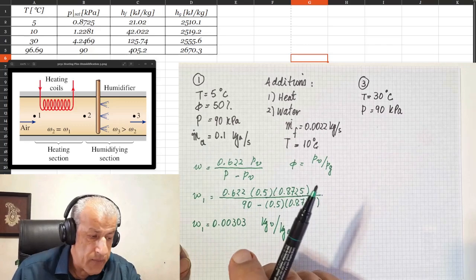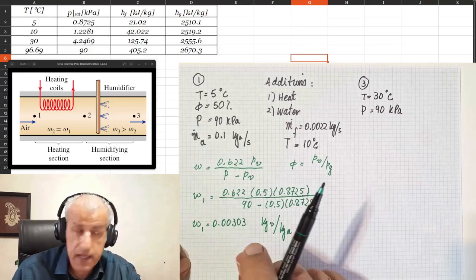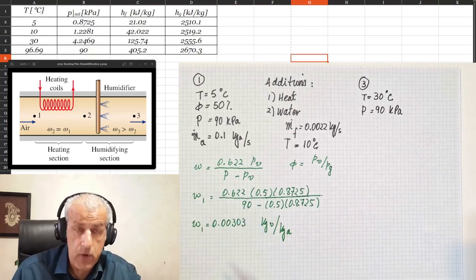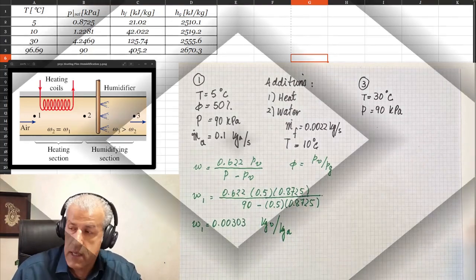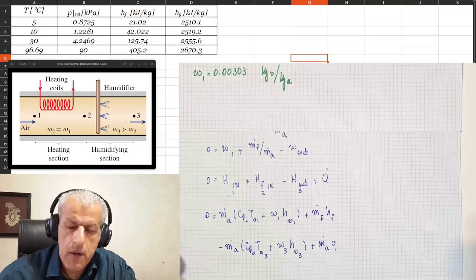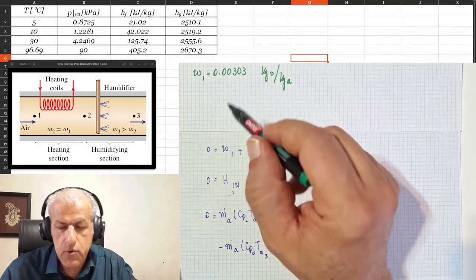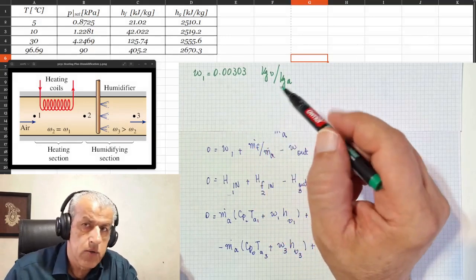With this knowledge, we can use the mass conservation equation to calculate W at point 3. We learned that W at point 1 is 0.00303.